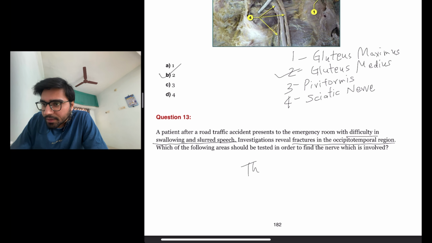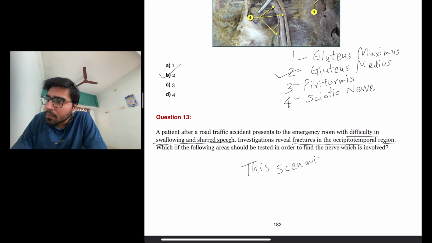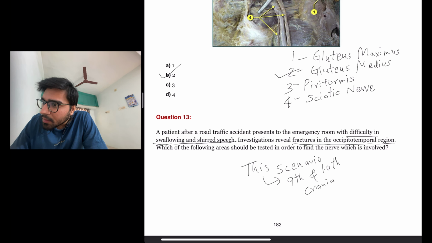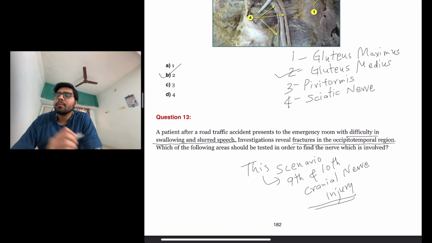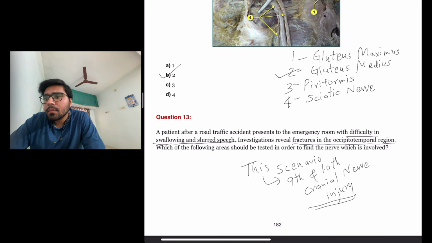So this scenario is actually suggestive of ninth and 10th cranial nerve injury, and that is due to the fracture in the occipitotemporal region.